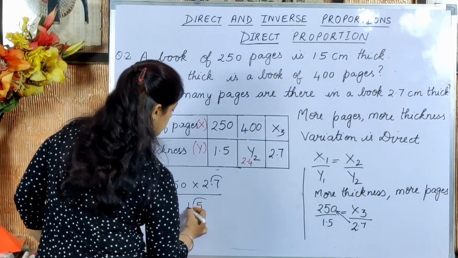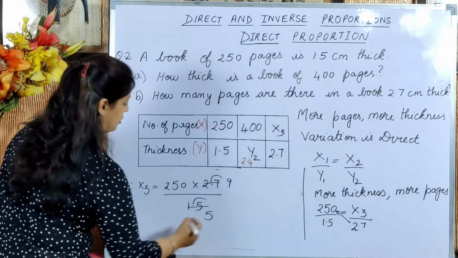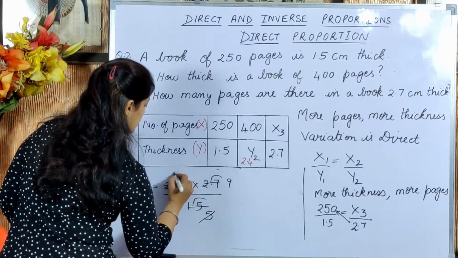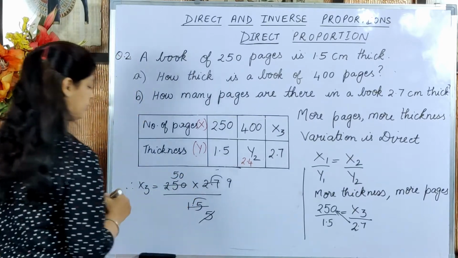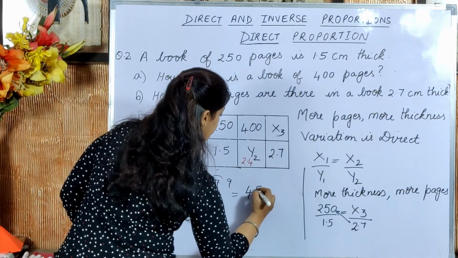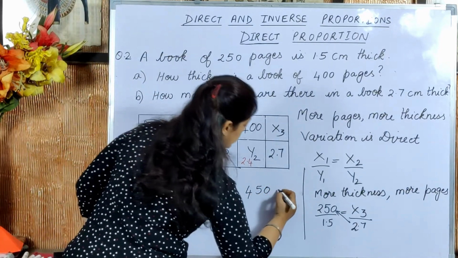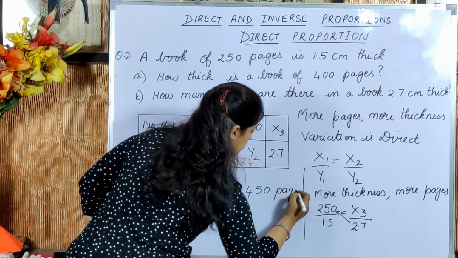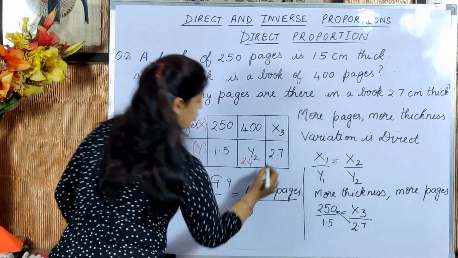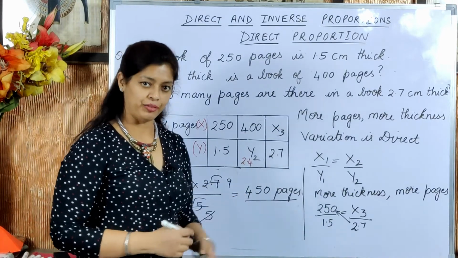So I get 3 5s are, 3 goes 9 times. 5 1s are, 5 5s are 25 and 0. So I get 450. 50 into 9 gives 450. 450 pages. A book which is 2.7 centimeters thick will have 450 pages.